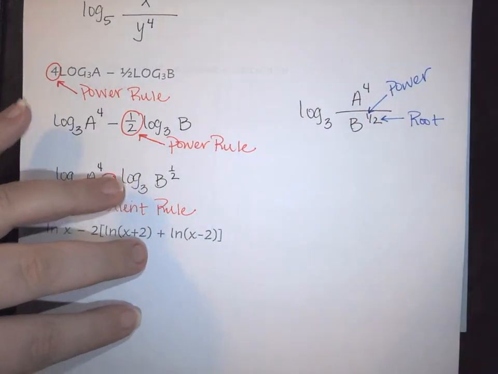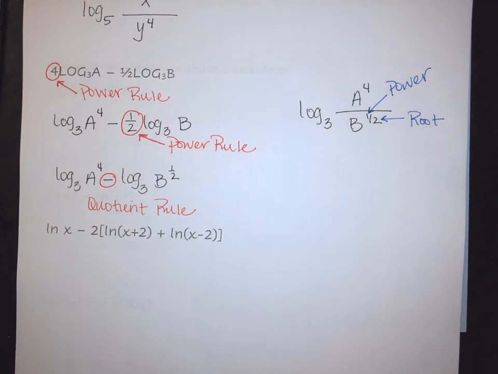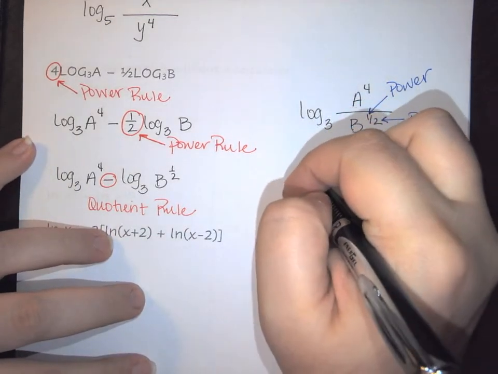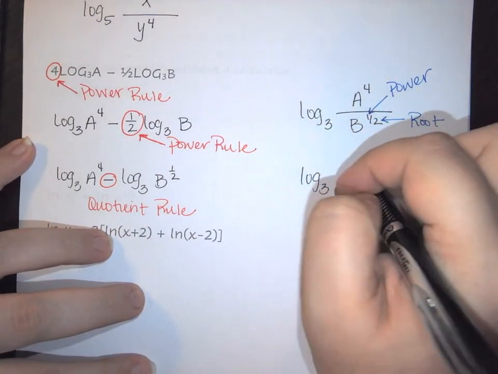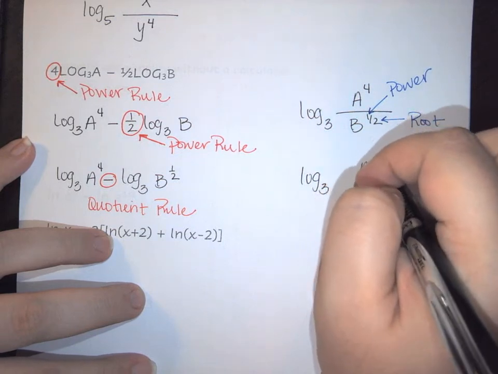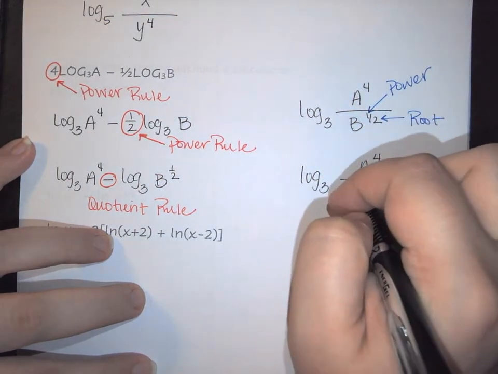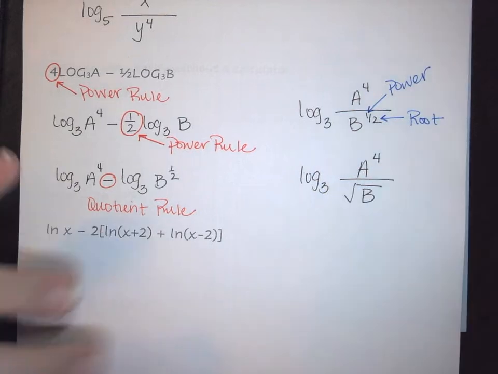And so the last thing that we always need to consider doing is rewriting it in terms of our root, not just the rational power. So here the other way that you would write this would be the log base 3 of a to the 4th over the square root of b.